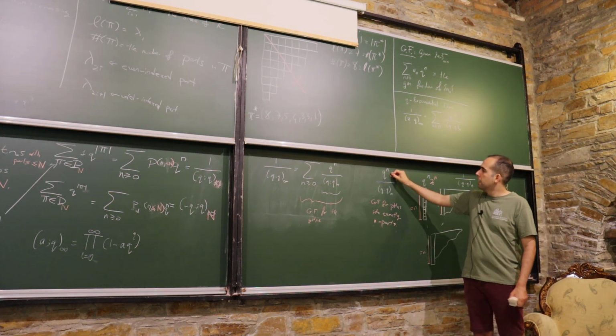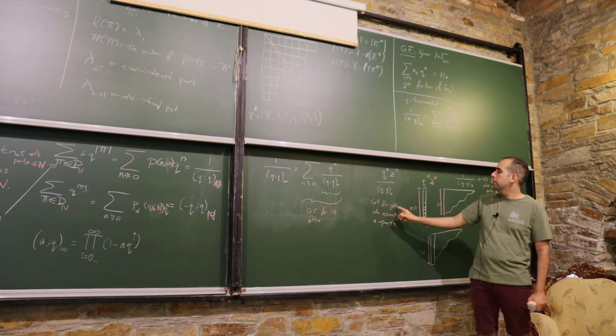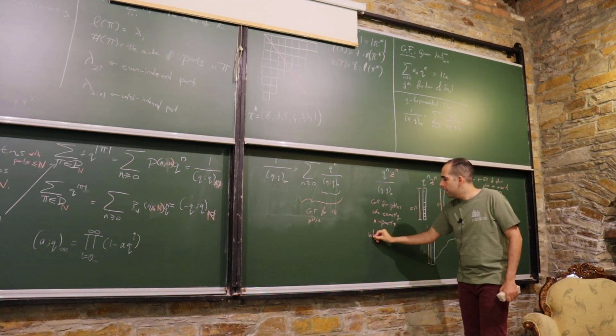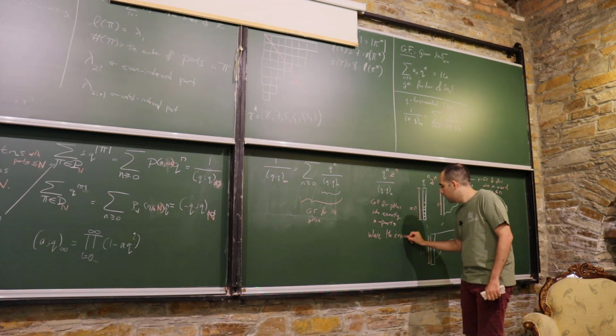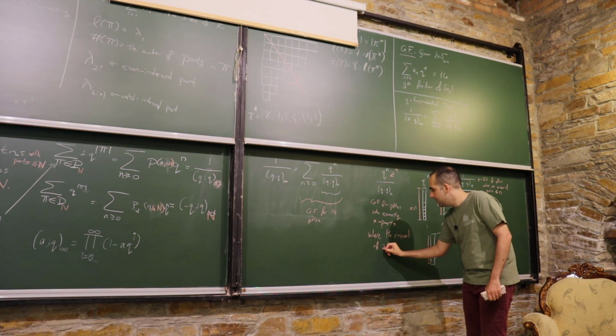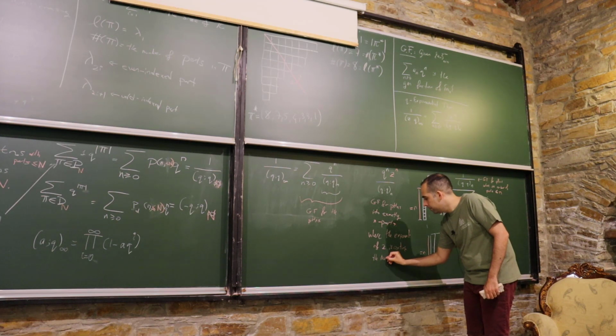So this would be q to the n z to the n divided by (q;q)_n. That is the generating function for partitions into exactly n parts, where the exponent of z is counting the number of parts.